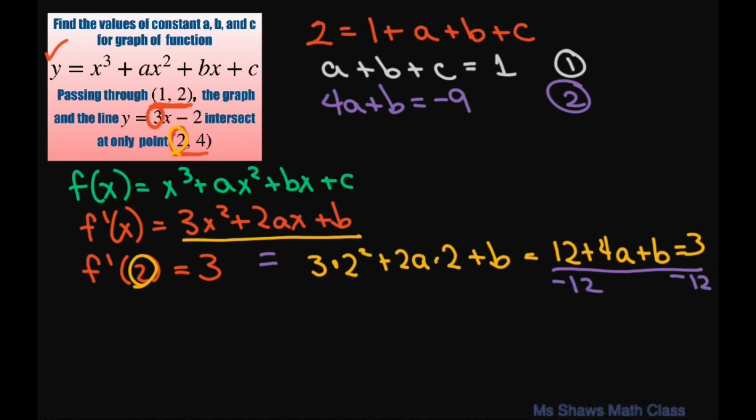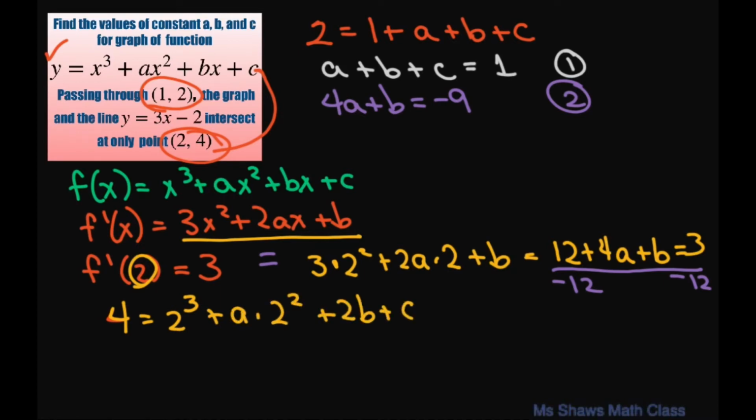And then finally, since this point (2, 4) also lies on the graph, I'm going to do like I did with my other point (1, 2) and substitute that in. So we have y is 4, so 4 equals 2 cubed plus a times 2 squared plus 2b plus c.